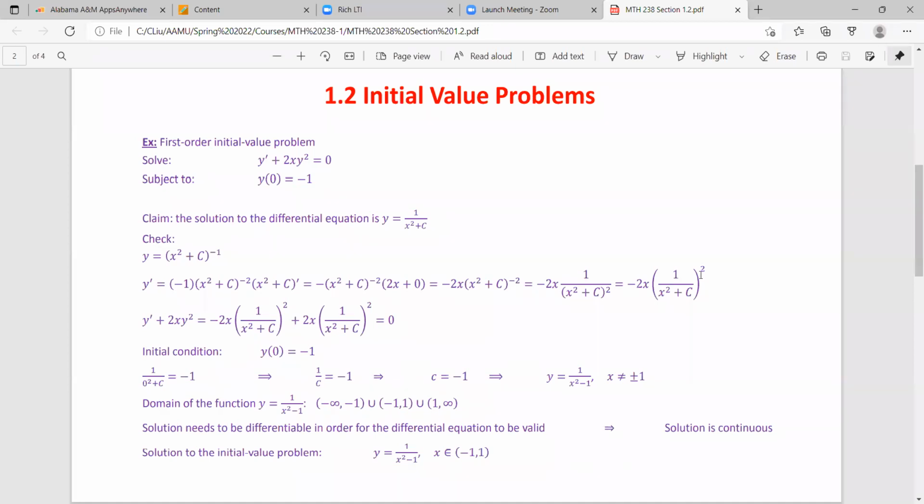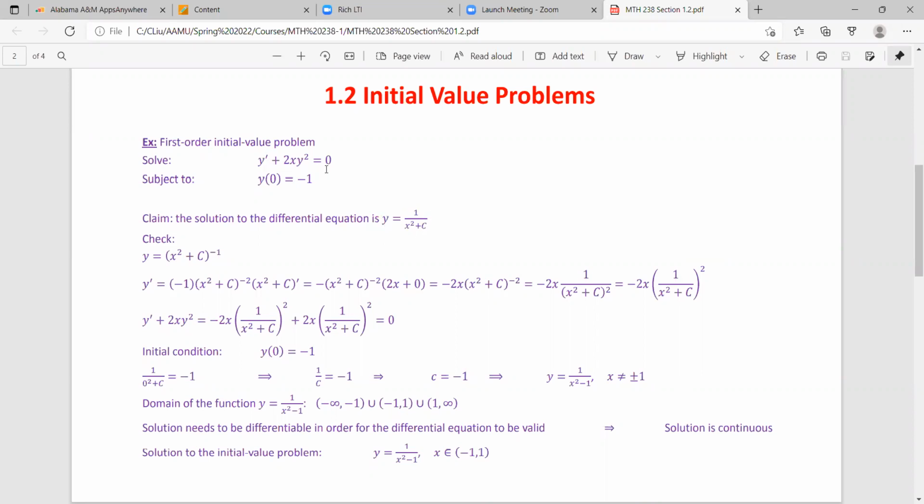I'm sorry, could you track back a little bit to the claim? You said the solution of the differential equation is y equals 1 over x squared plus c. How did you get that? This is just a result that we will discuss how to solve.